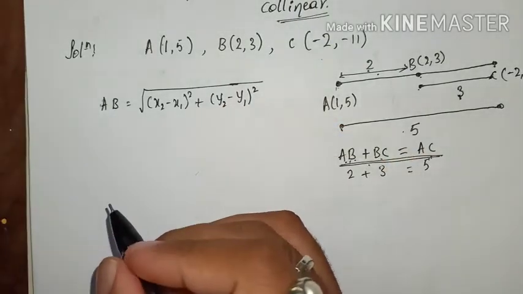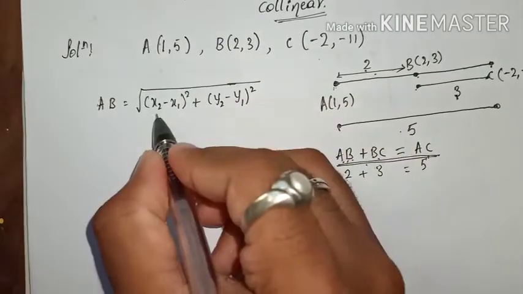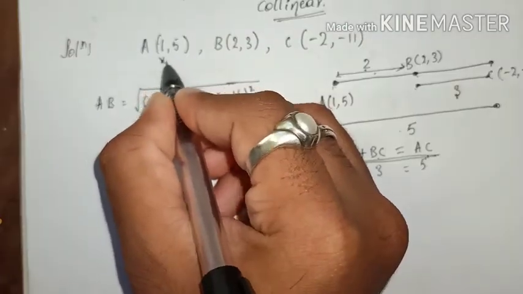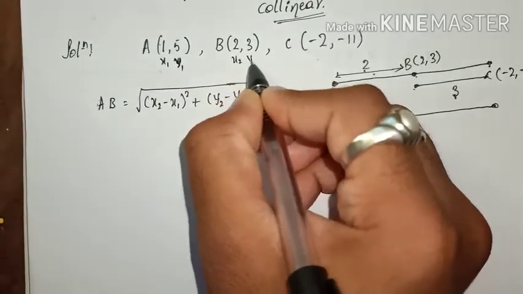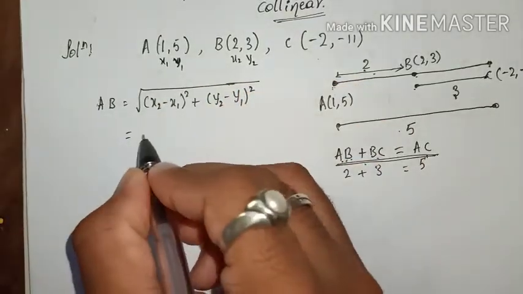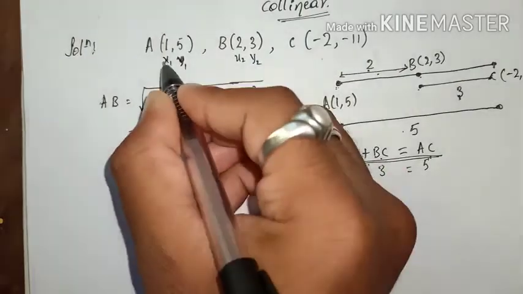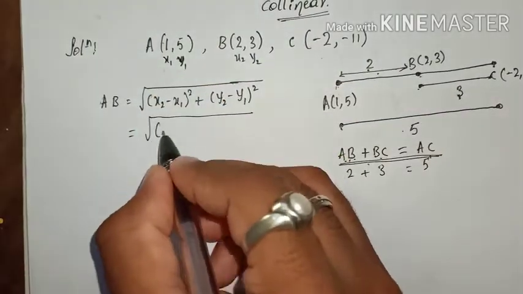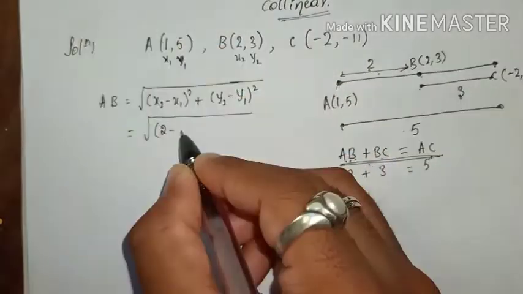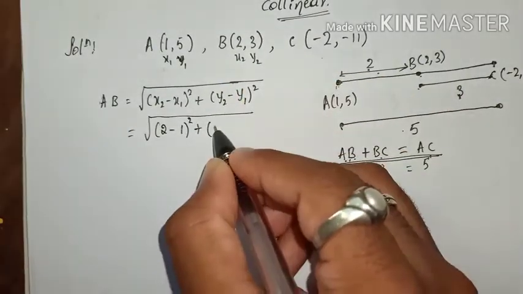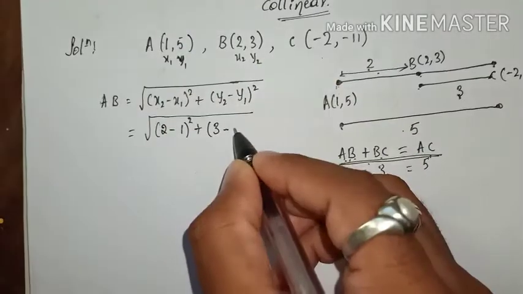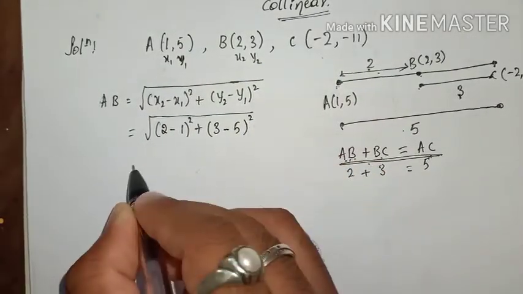It's the distance formula, right? Now let me take x1, y1, x2, y2. So AB equals the square root of (x2, which is 2, minus x1, which is 1) whole square plus (y2, which is 3, minus y1, which is 5) whole square.